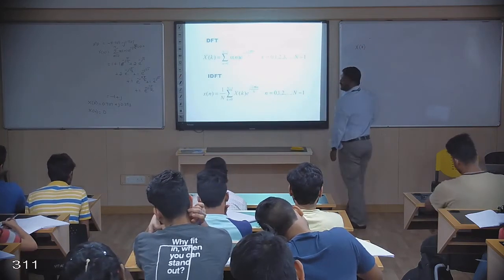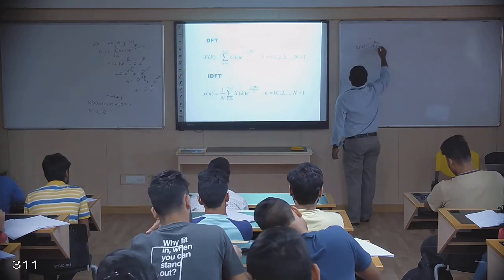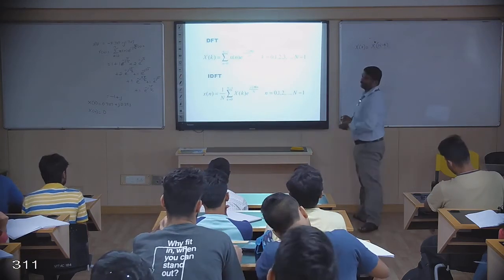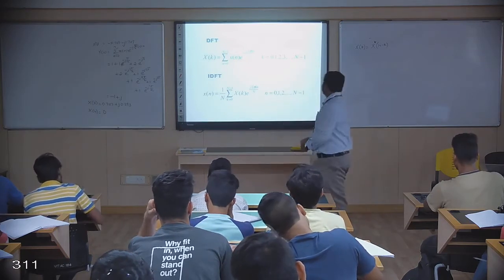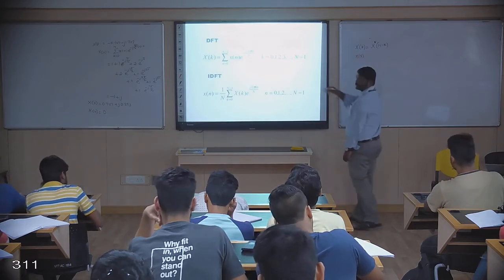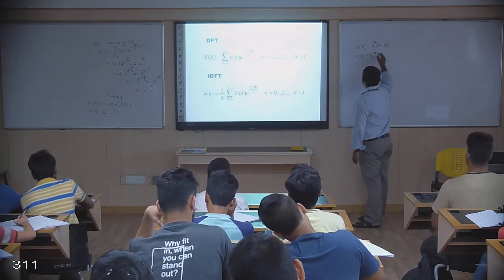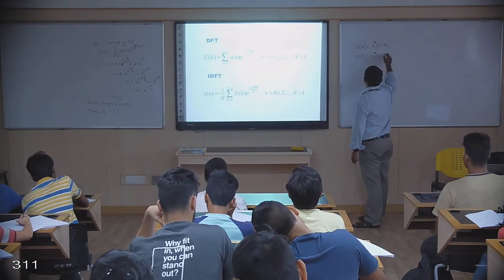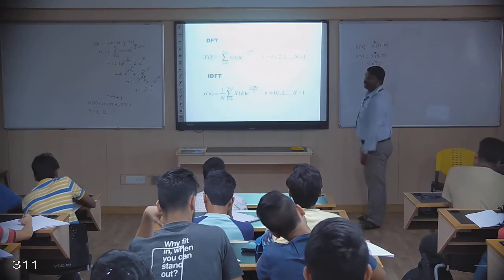The symmetrical property says that x of k is given by x star of n minus k, meaning x of 5, that's what we need, is x conjugate of 8 minus 5, that is x conjugate of 3.